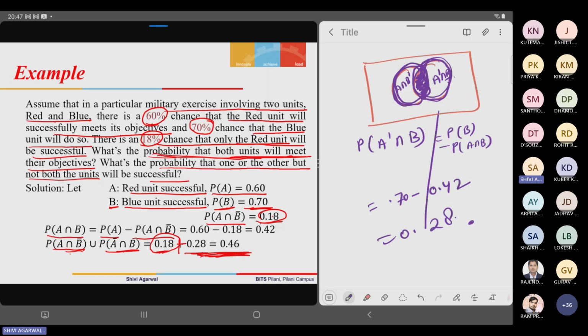Here, the theorem we are using is that the probability of the sample space is equal to 1. All three axioms we are using here, and based on that only we are making the Venn diagram.